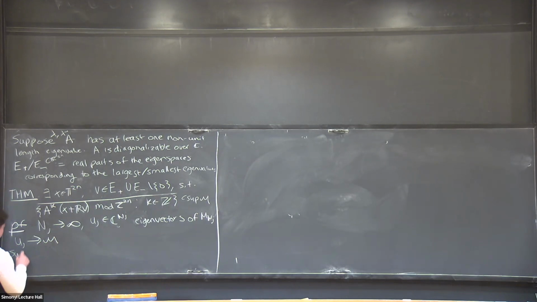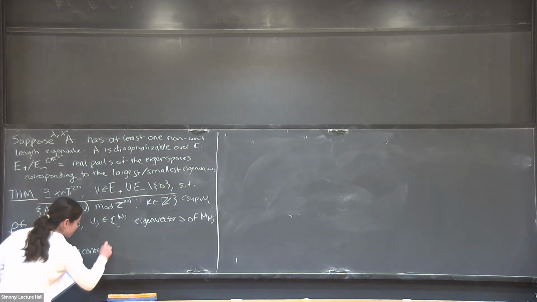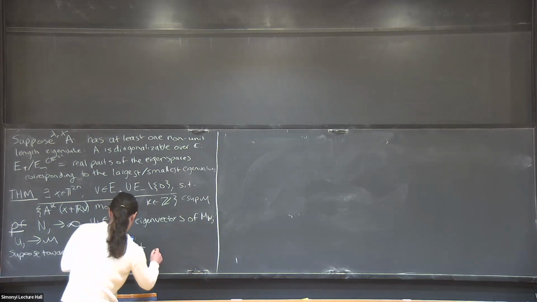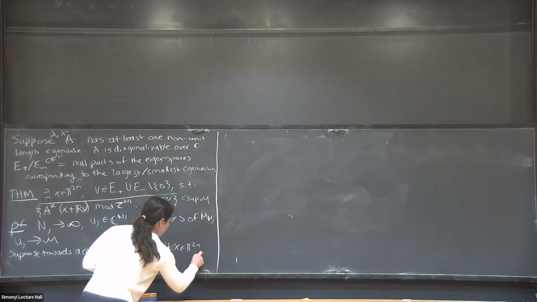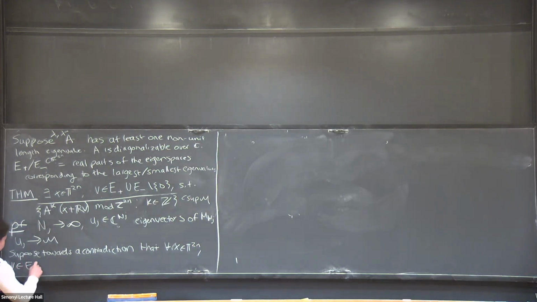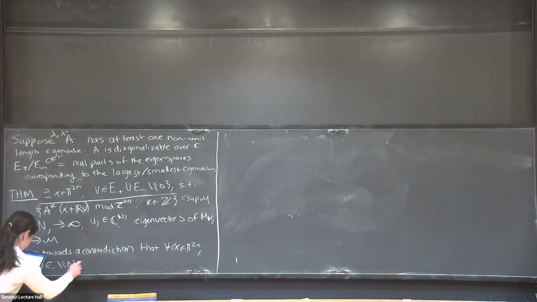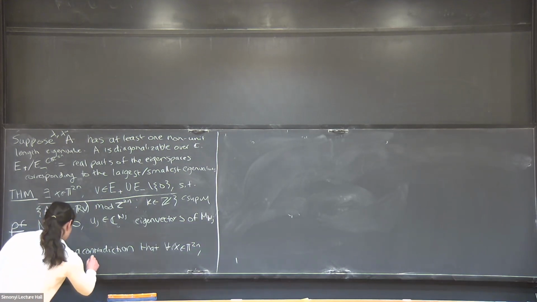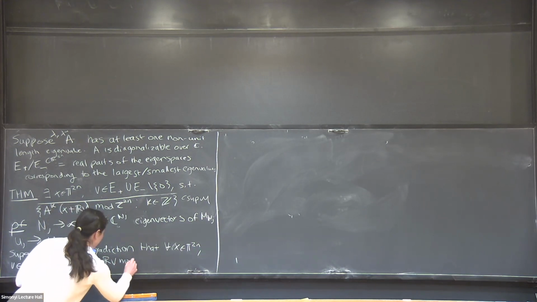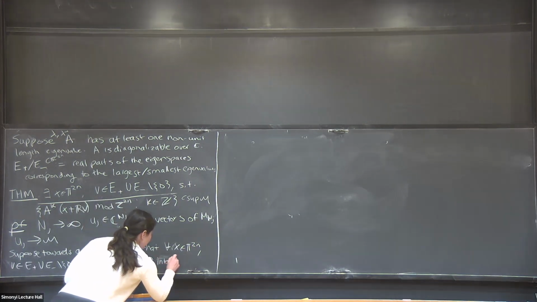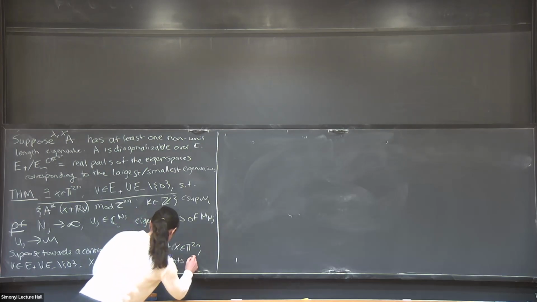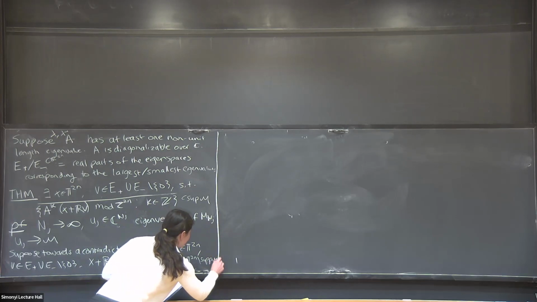Okay, so then I want to suppose, towards a contradiction, that for all points x on the torus and for all non-zero vectors v in E plus or E minus, the set x plus Rv mod Z^{2n} intersects the complement of the support of the semiclassical measure.